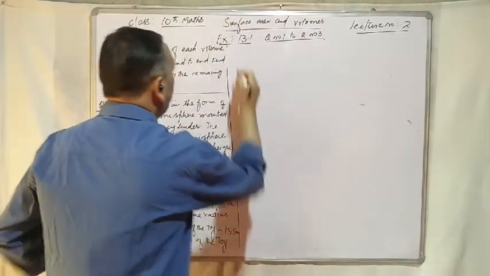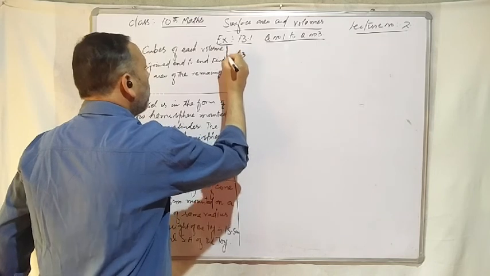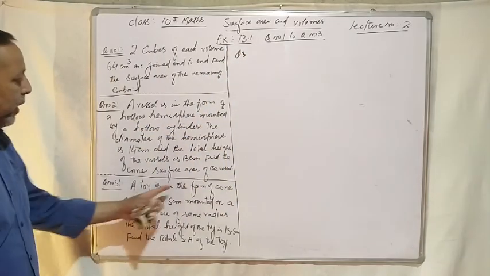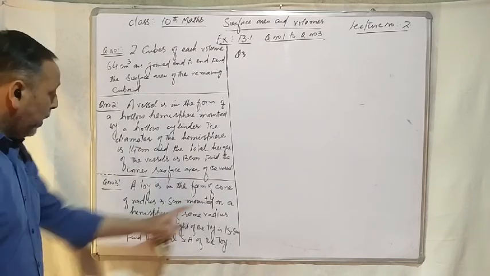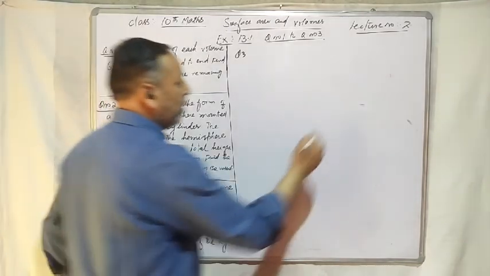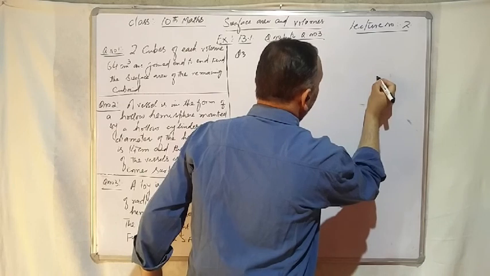Third question is, a toy is in the form of a cone of radius 3.5 centimeter mounted on a hemisphere. Same question, hemisphere.